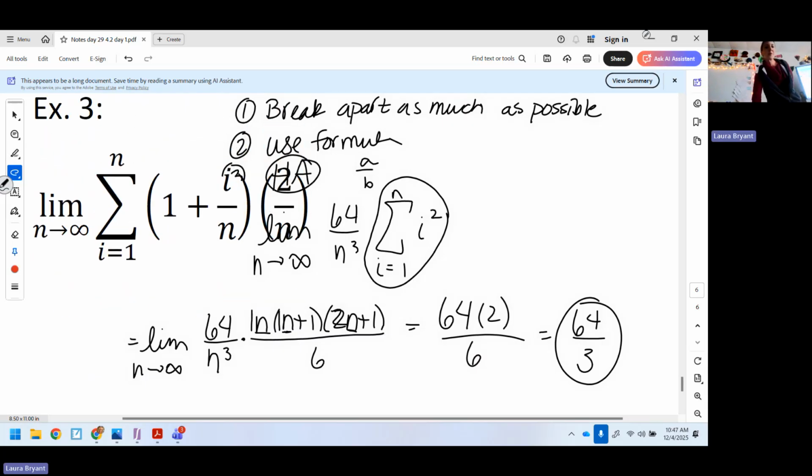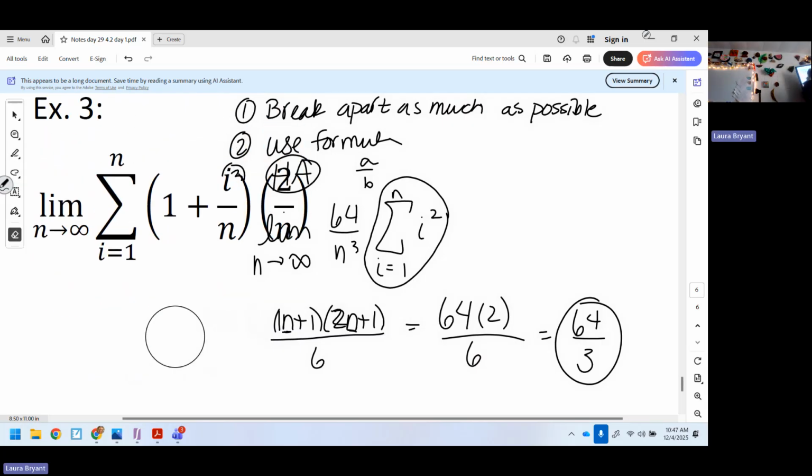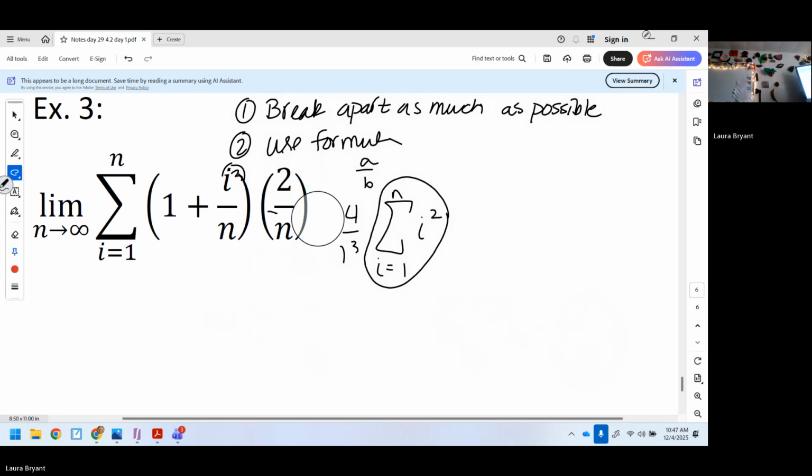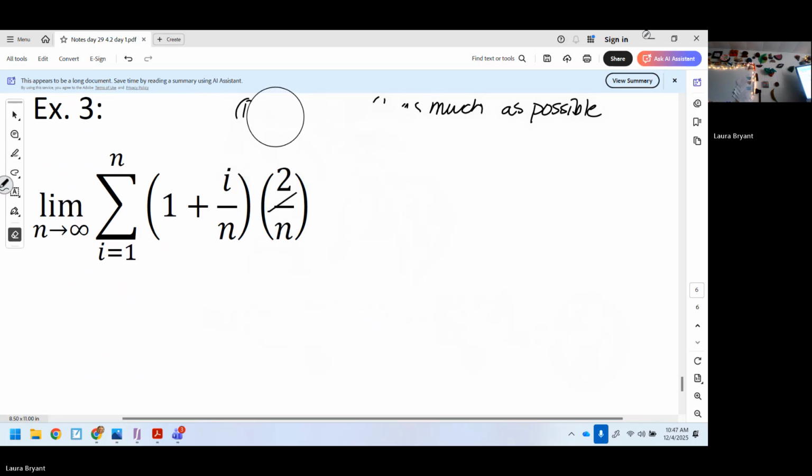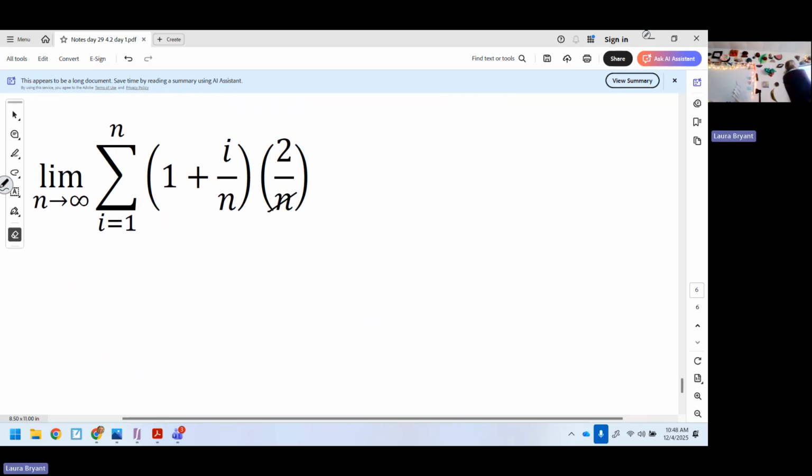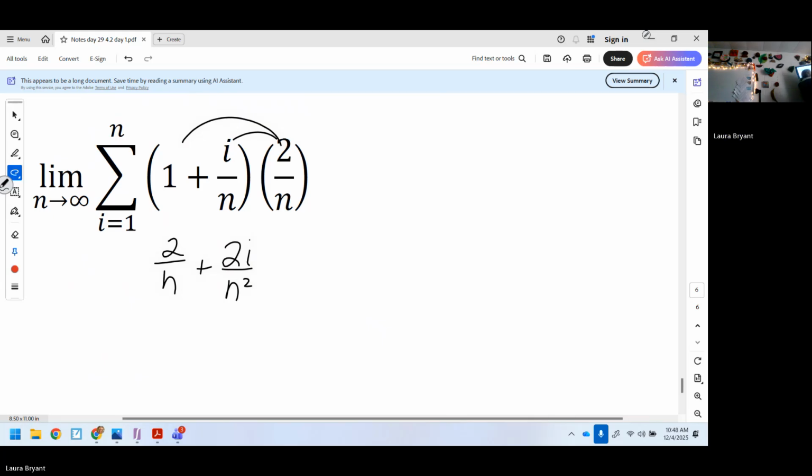Okay, let's do our third one. This one has a distribute in it. It may say break apart as much as possible. In this case, I just have to distribute first. So 2 over n plus 2i over n squared.